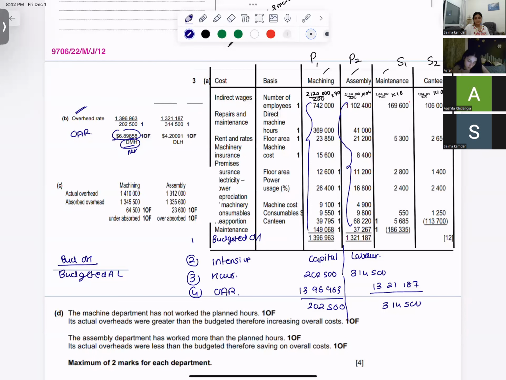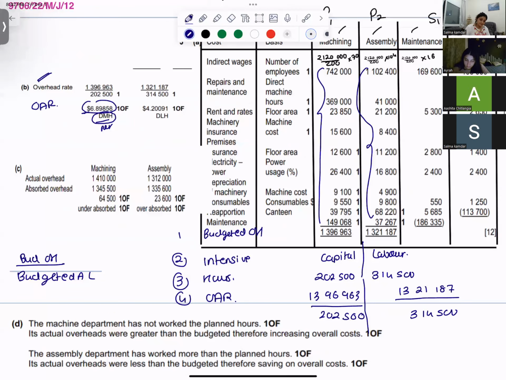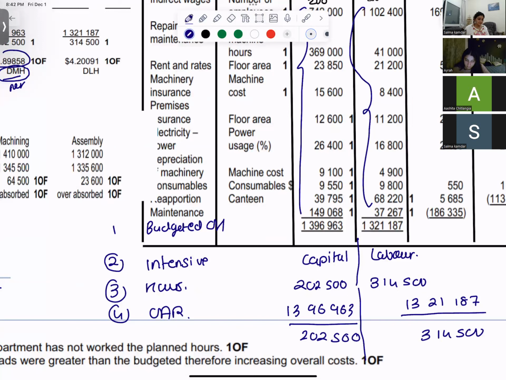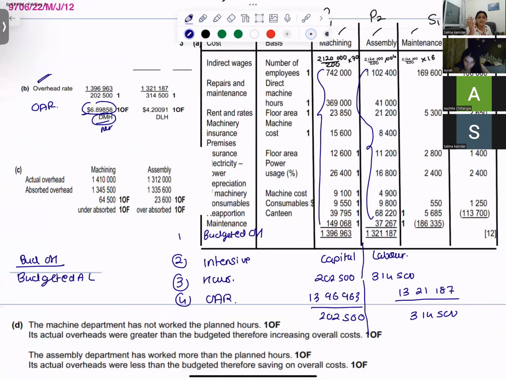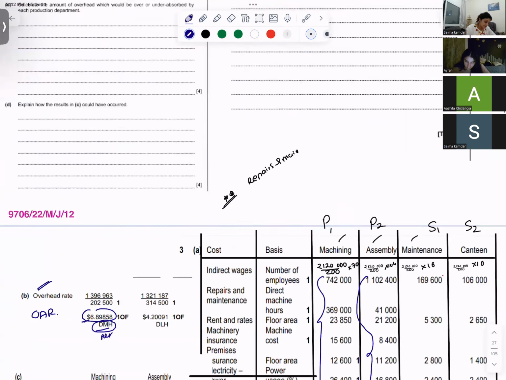You divide budgeted overheads by budgeted activity level. So what is your budgeted overheads? The total. And the budgeted activity level? The machine hours or labor hours that you have considered. Are you with me?